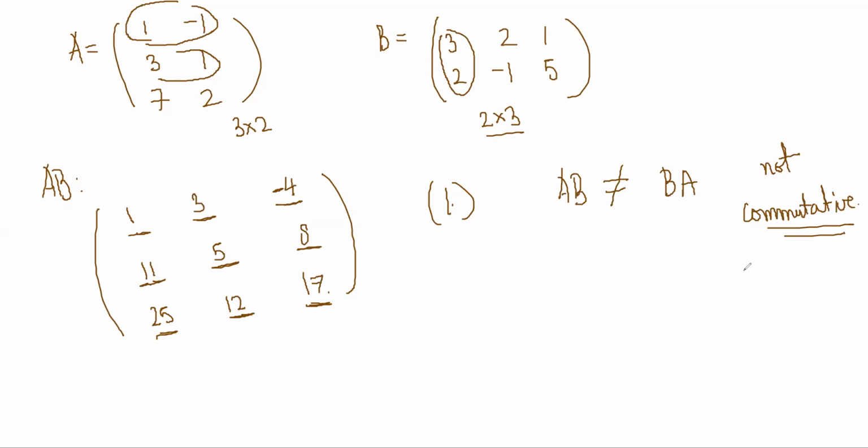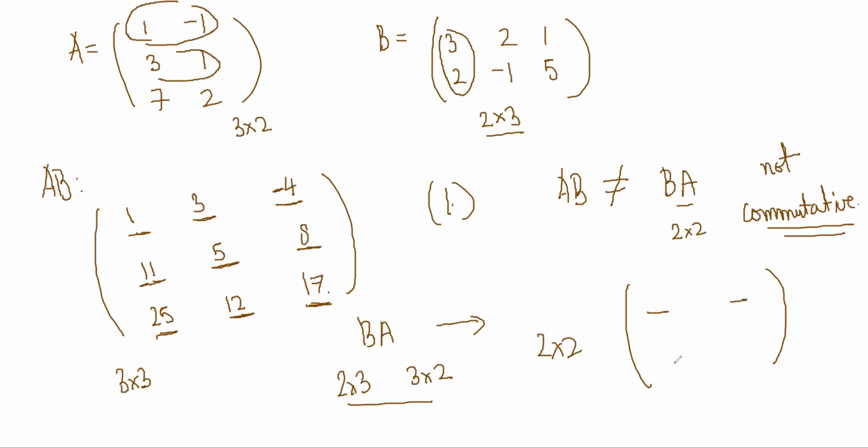So if you try to do BA, it is 2 cross 3 times 3 cross 2, so BA should be a 2 into 2 square matrix. This is a 3 cross 3 matrix and BA is a 2 cross 2 matrix. So it's not commutative.